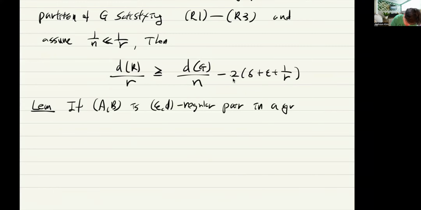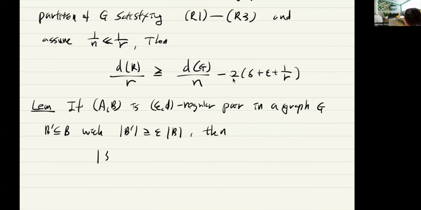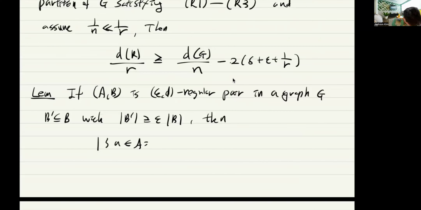So if you have an epsilon d regular pair, and let's say you take a subset B prime of B with the size not too small, then what you can show is that most of the vertices in A send the correct number of edges to B prime.